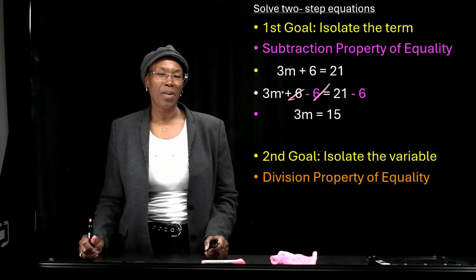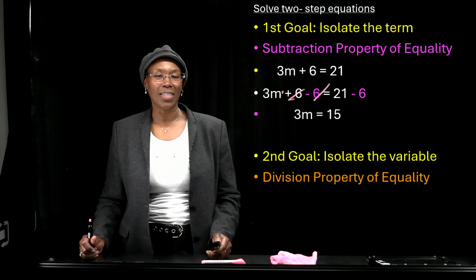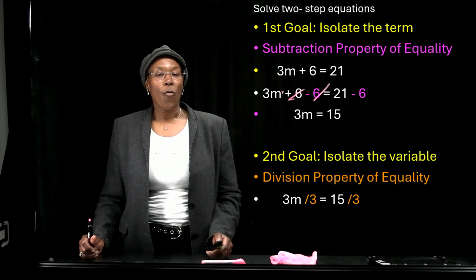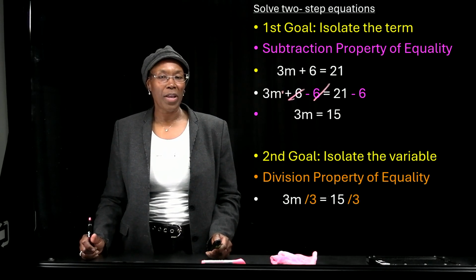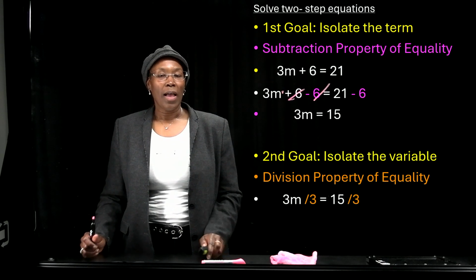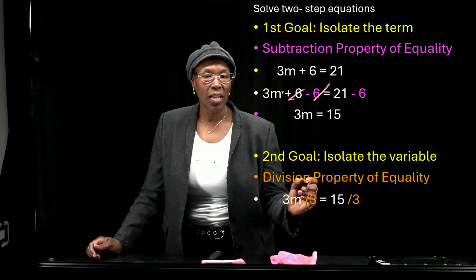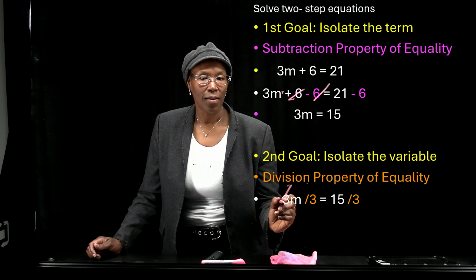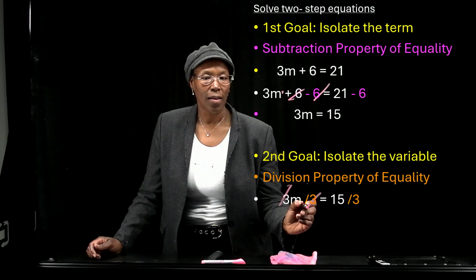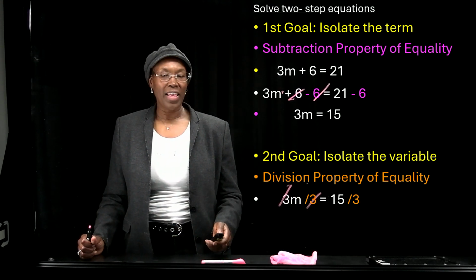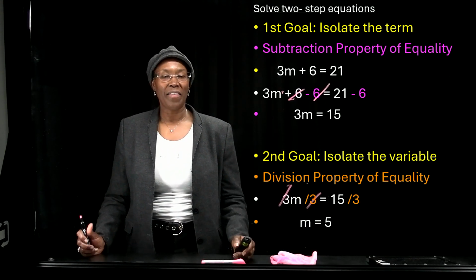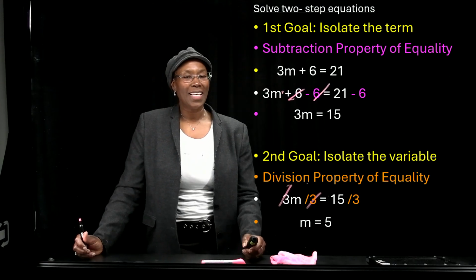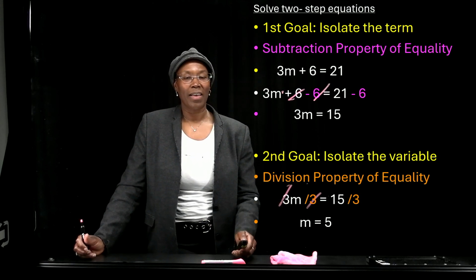Therefore, we have to apply the division property of equality. Once we divide both sides by 3, and we cancel our 3's on the left, we are now left with M on the left-hand side, and then 15 divided by 3 is equal to 5.